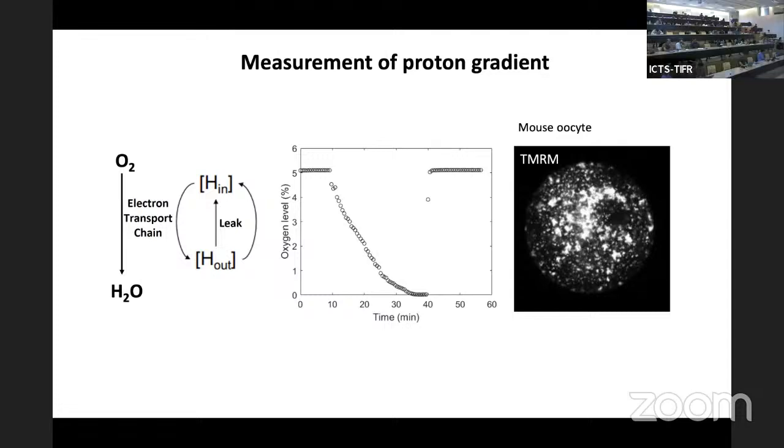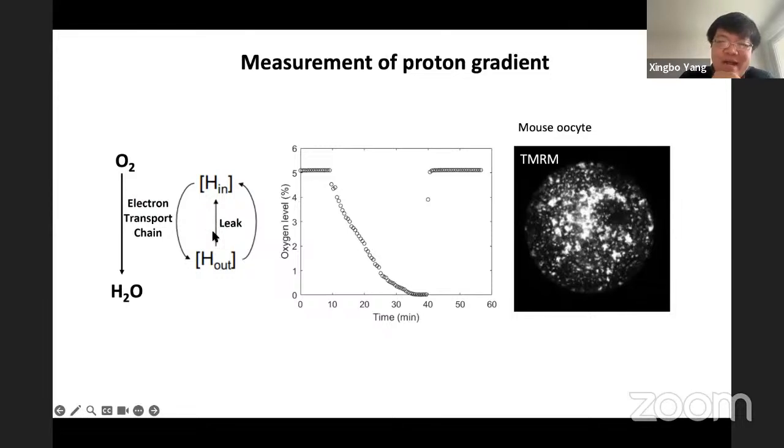Okay. And is there any way to figure out if the rate of leak through the membrane changes in these scenarios? Very good question. I might touch a little on that in my third lecture. It's difficult to measure a leak.